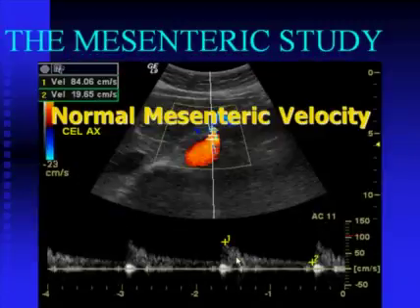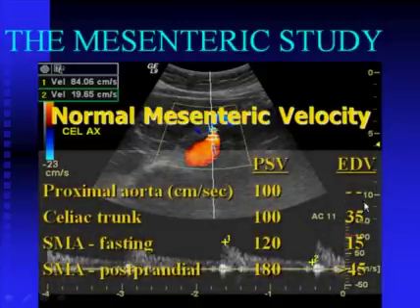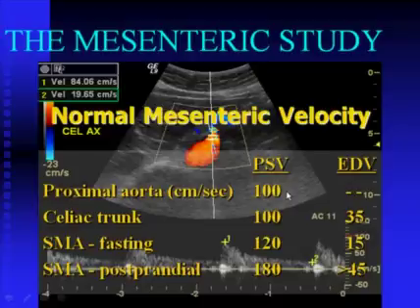Now, what are normal velocities that we should expect? This is a very simple table that gives you approximate values. These are not absolute, but represent ranges. The normal proximal aortic velocity typically is somewhere between 60 and 100 centimeters per second with very minimal end diastolic flow. The celiac trunk, remember, is relatively low resistance.